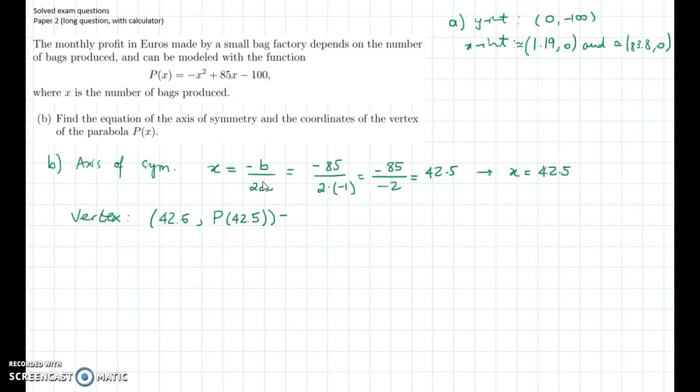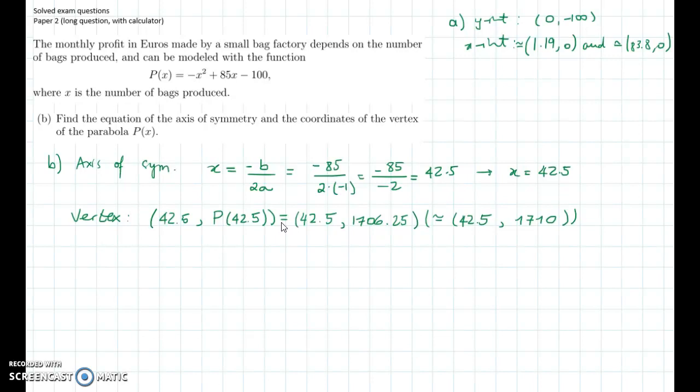And using the calculator, this is x coordinate 42.5, y coordinate 1706.25. This is an exact value, but we may want to also save the value approximated to 3 significant figures. So 42.5, 1710. That will be the approximation.